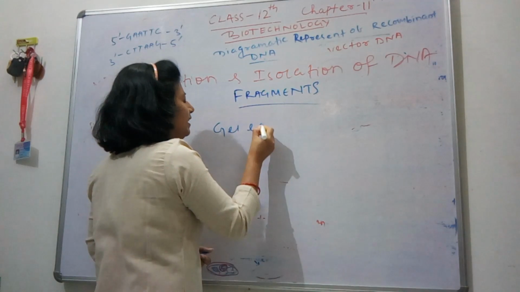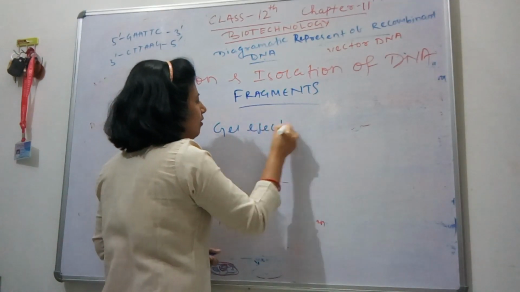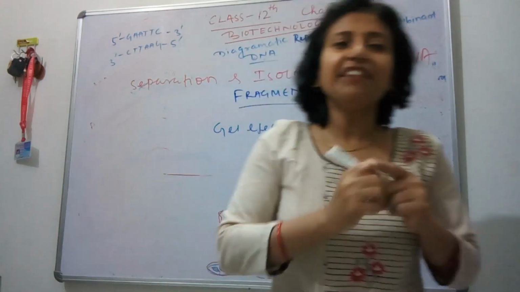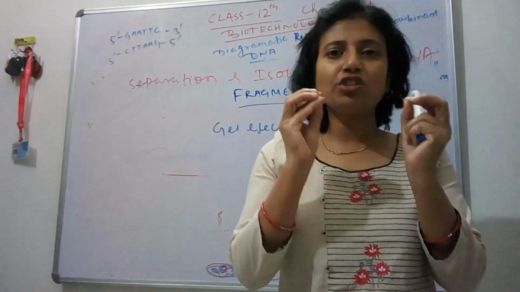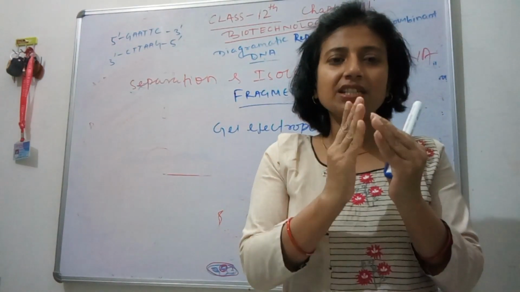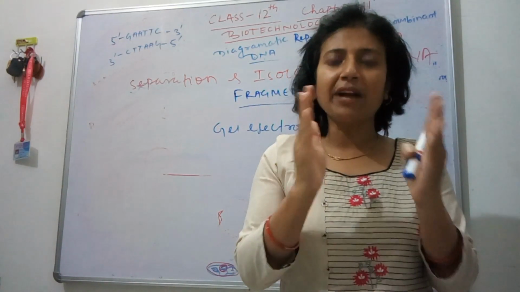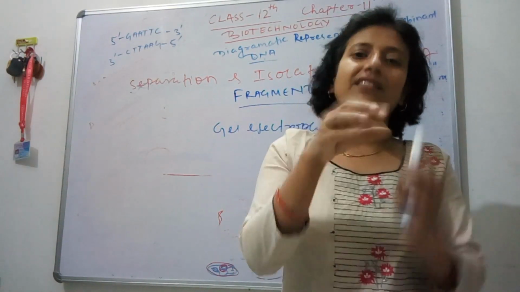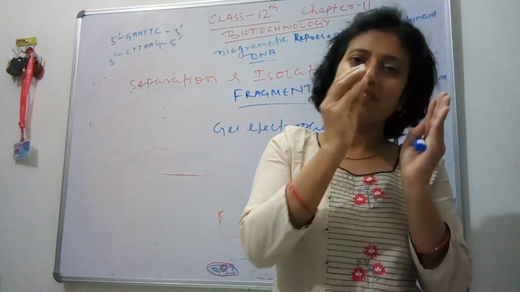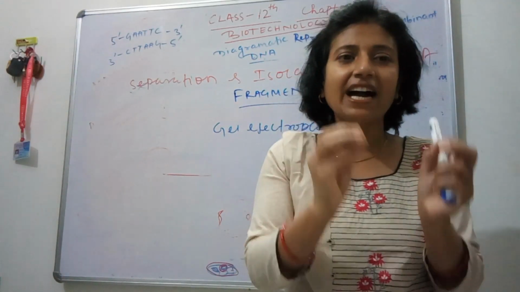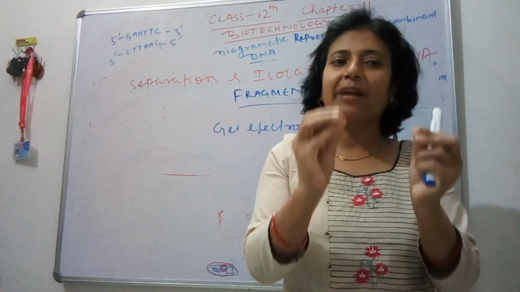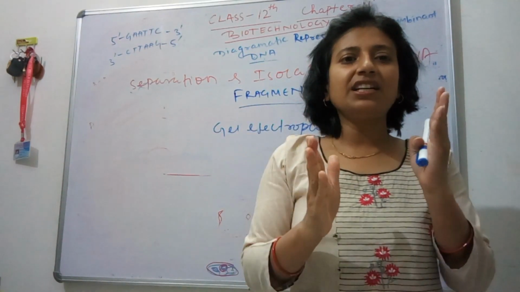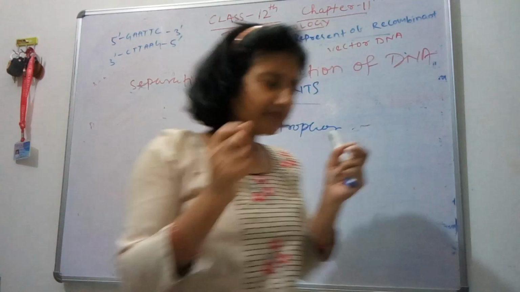Gel electrophoresis is the device in which agarose gel is used, and the DNA is cut into many fragments, some smaller and some larger. As we know DNA is negatively charged, so the fragments of DNA move towards the anode under an electric field.